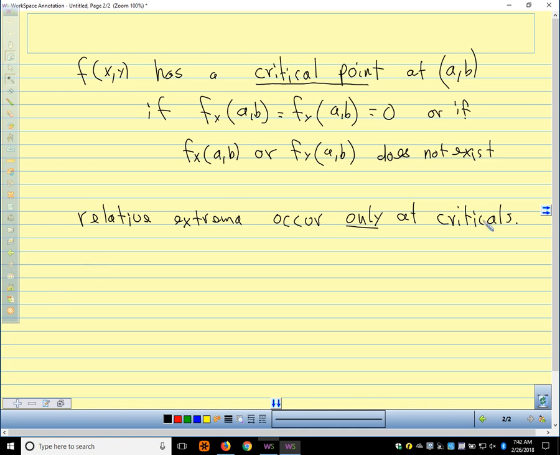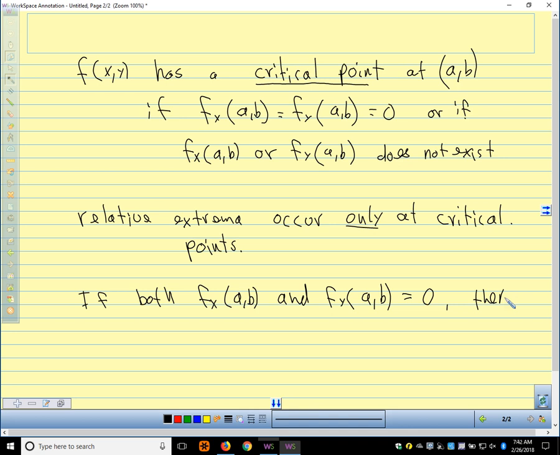And we've seen at critical points that if both f sub x at a particular point and f sub y at (a, b) are both 0, then the gradient at (a, b) equals a 0 vector.